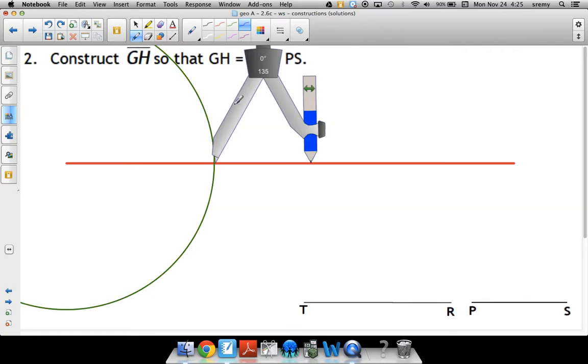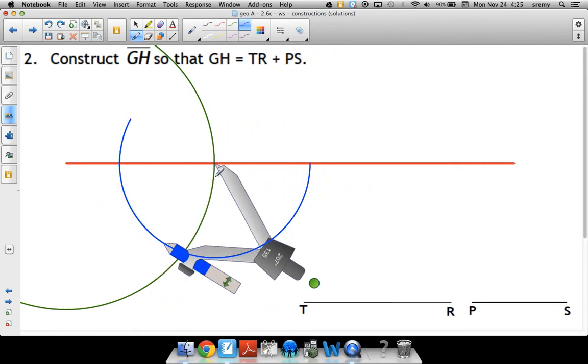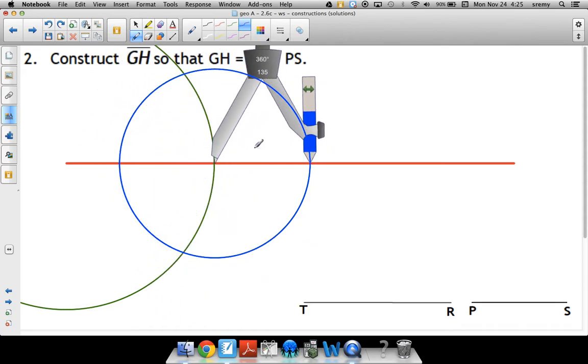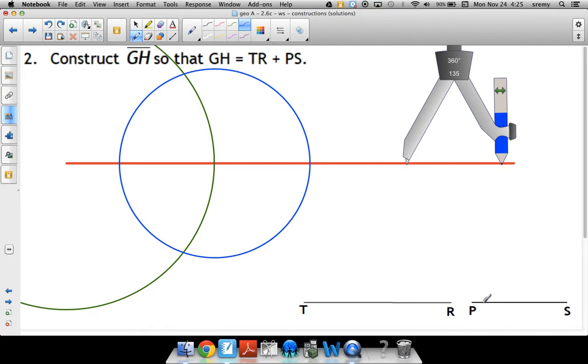So you make your circle centered at that previous endpoint. And now the radius of the blue is the length of PS. The radius of the green is the length of TR. So from one end to the other, you're going to have GH, from here to here.